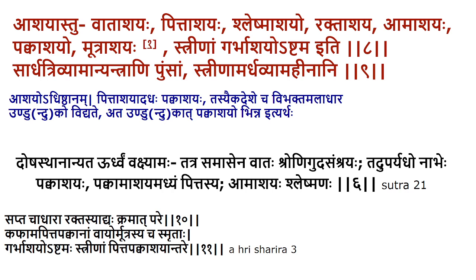Then the next is about the Vatashaya. Of course, in Vagbhata, the description of Ashaya is somewhat slightly different. Saptacha Adhara. Vagbhata has used the word Adhara, and there Raktasya Adhyaha, Raktashaya is considered as the first. Then, kramat kapha avapitta pakvanam vayo mutrasya smritah, Garbhashayo ashtamah strinam pitta-pakvashaya-antare.